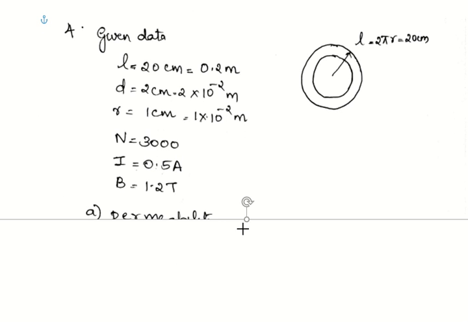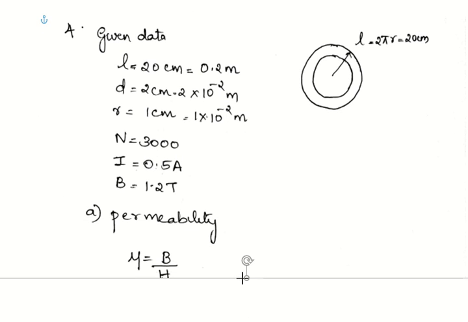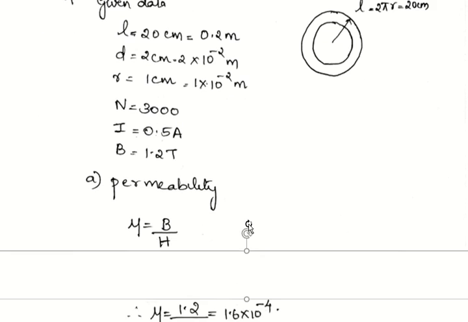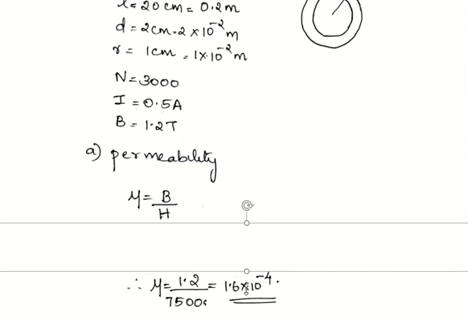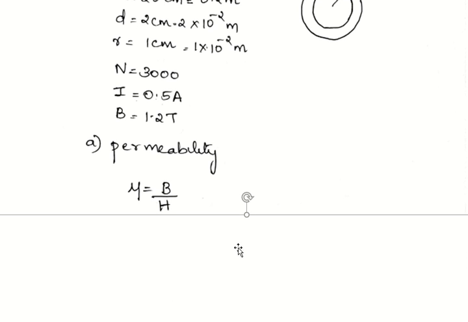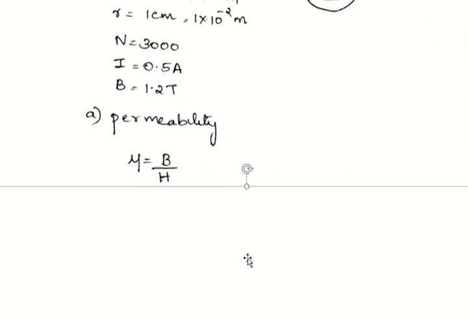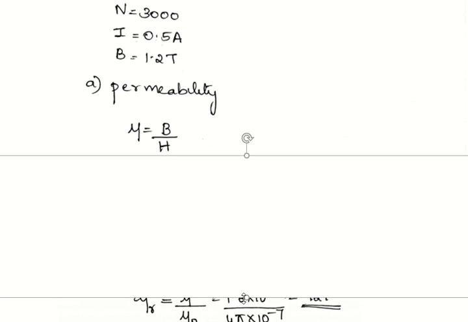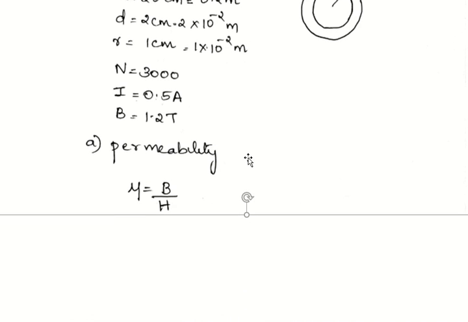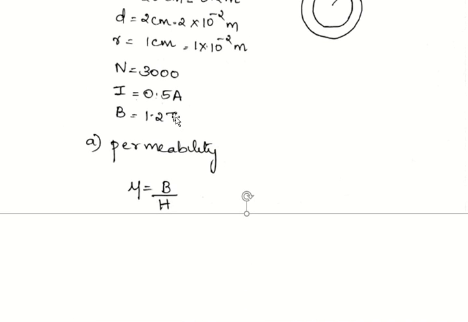How will you find the permeability? Permeability is given by mu equal to B by H. This is the equation for permeability. What is B? 1.2 Tesla.